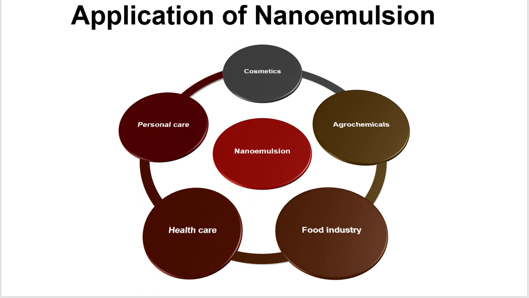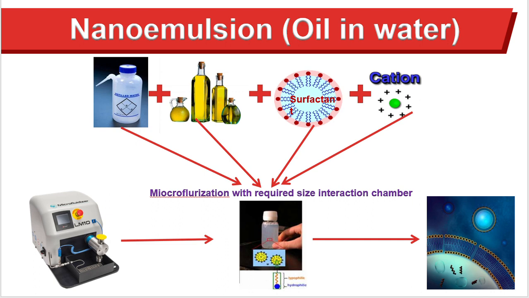So when talking about an oil and water nanoemulsion, how are you supposed to do it? For example, here we need water, we need oil, and we also need a surfactant. And usually in our formulation we use a cation as the active component compound. All four of these together we need to mix, and this will go to the microfluidization process.